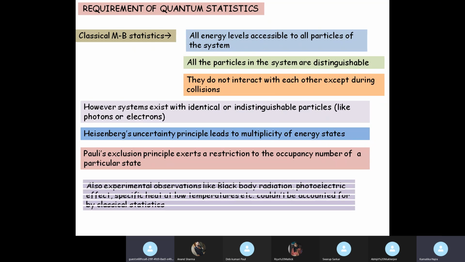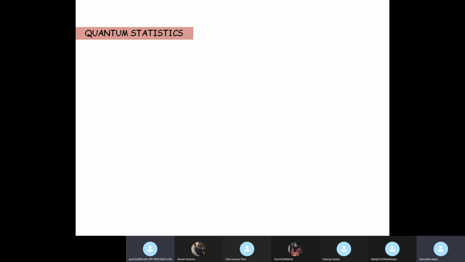Okay. So when these restrictions are there, there were experimental observations like black body radiation, photoelectric effects, specific heat at low temperatures, etc., which could not be accounted for by classical statistics. So what is quantum statistics?